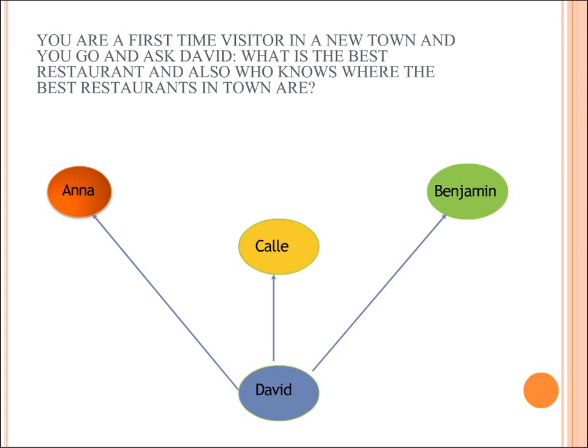So here we have David, Anna, Kalle, and Benjamin, and you could go to David and ask him where is the best restaurant in town. But instead of doing only that, you should also ask, who would David ask the same question? So make a note of this. You also ask him, who would he ask where the best restaurant is?